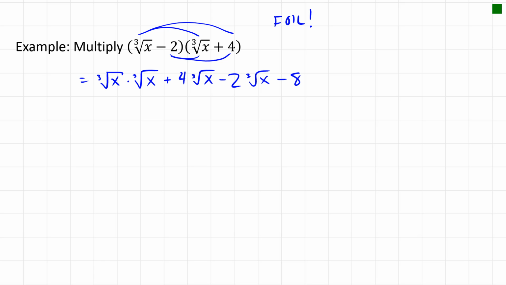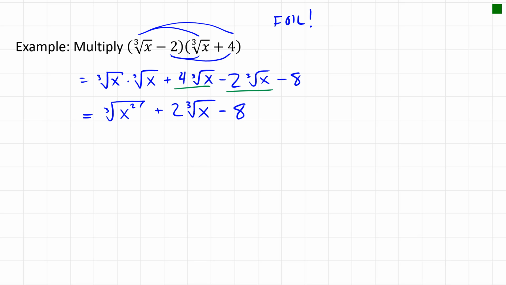And I see that I have a couple of like terms here that I'll be able to combine together. And I can write cubed root of x times cubed root of x as the cubed root of x times x, which is x squared. So that's the cubed root of x squared plus 2 cubed root of x after combining those together, minus 8.